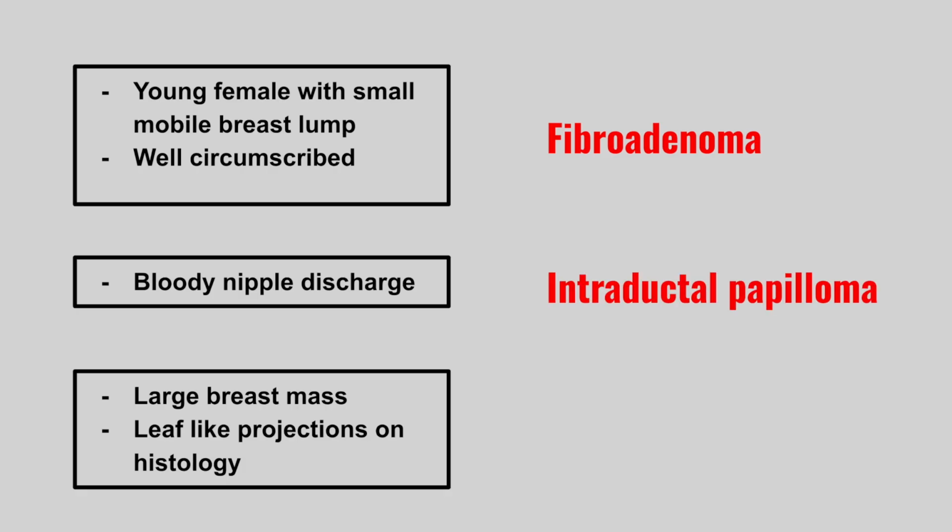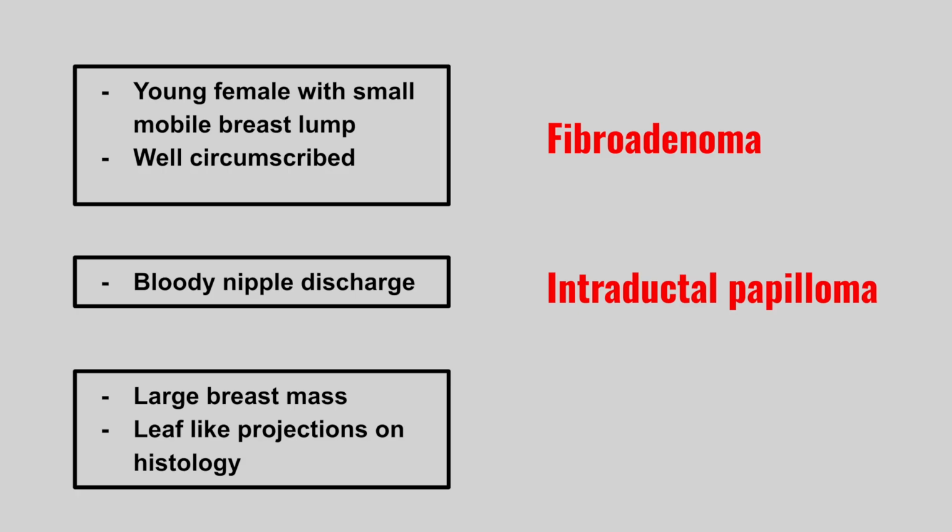Next, we have a young female with a small mobile breast lump that's well circumscribed. This is fibroadenoma. Next, we have a patient with bloody nipple discharge. So as soon as you see these words, pick intraductal papilloma.